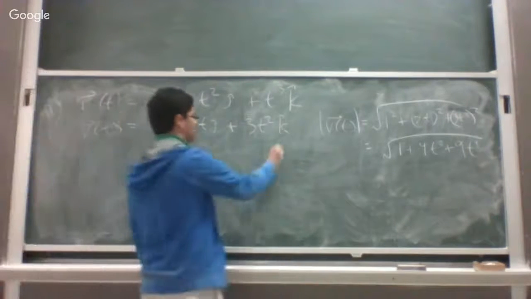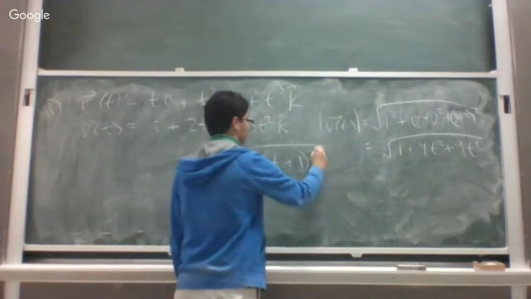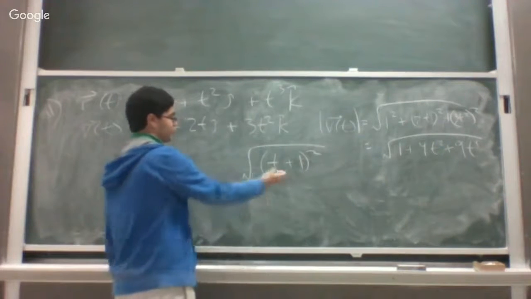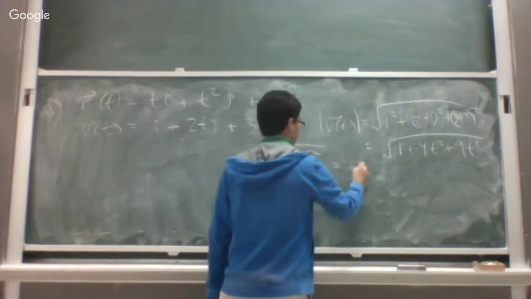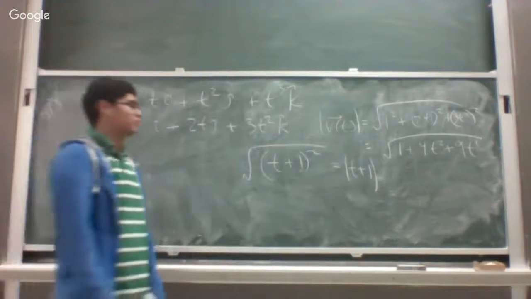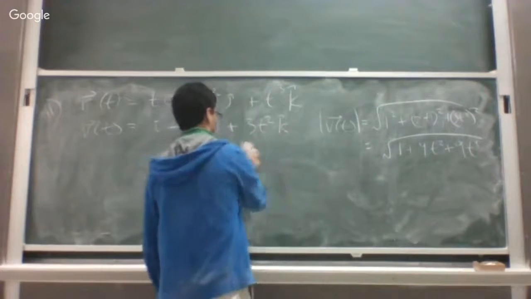Sometimes you could have something like t plus 1 quantity squared under a square root. I think that was in 10. Then you could simplify it to the absolute value of t plus 1, and if t is greater than 0, it's positive. So sometimes things will simplify, sometimes they won't.